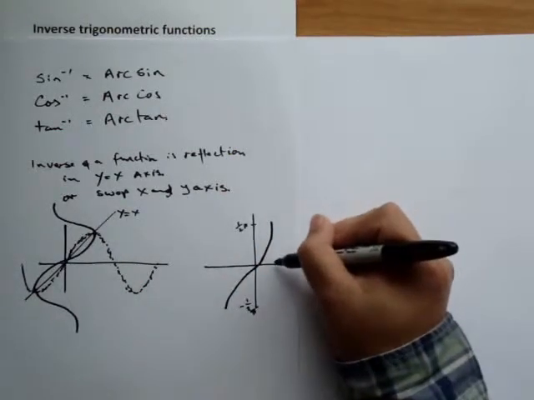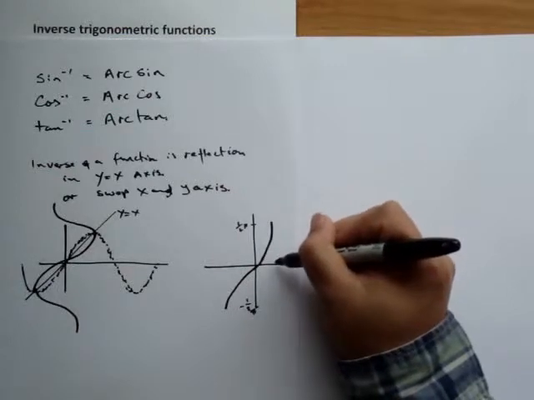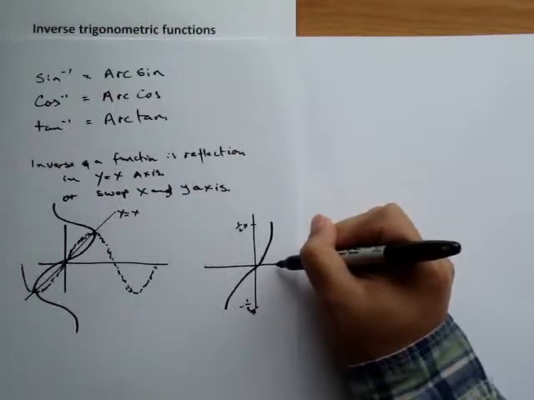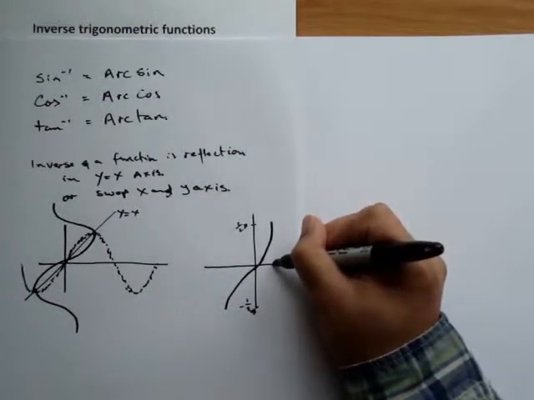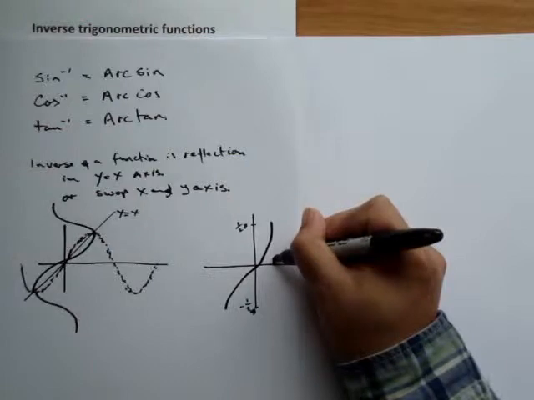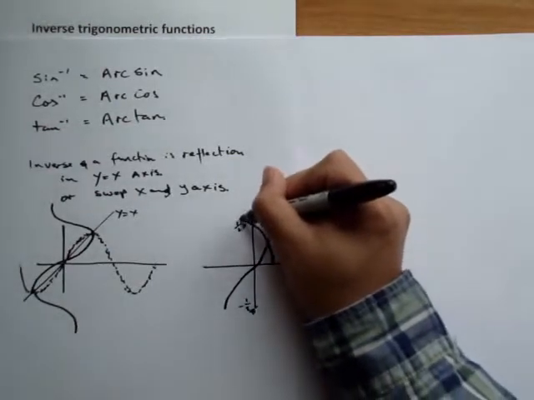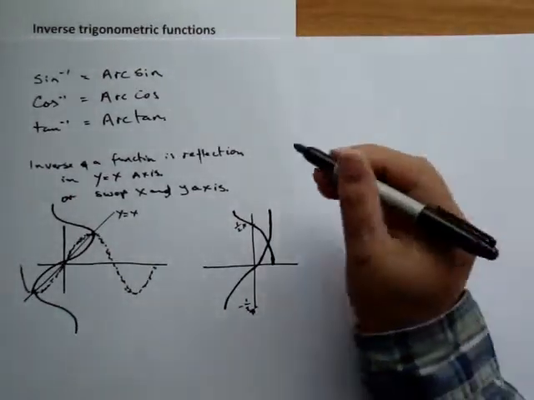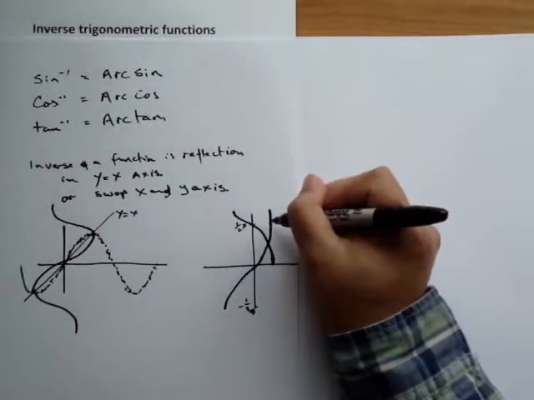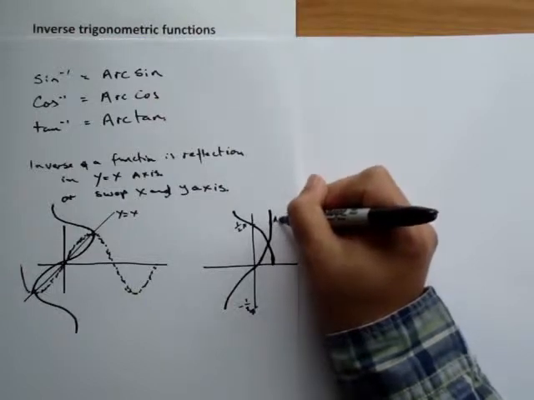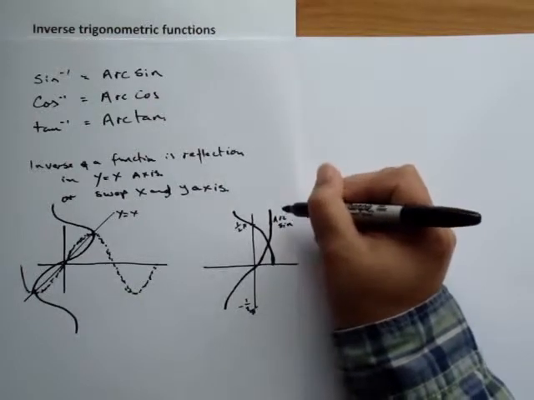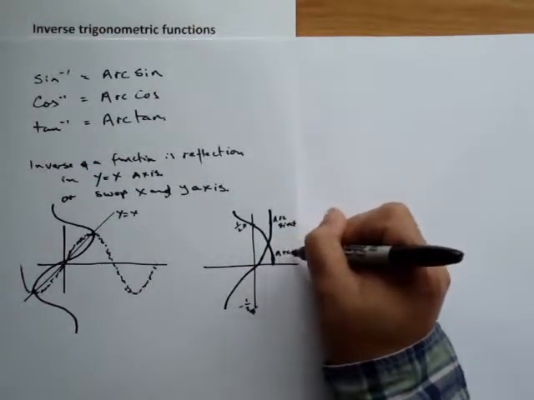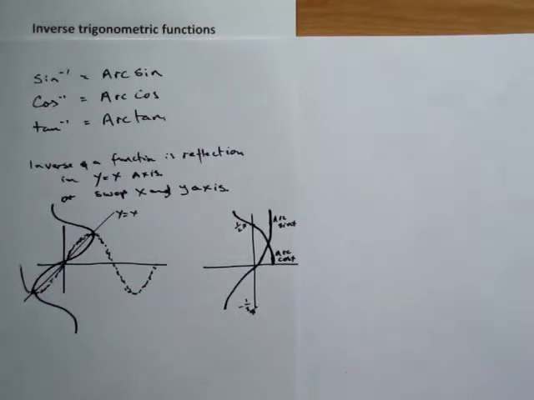And our arc cos would go from here and up to the minus half, like that. So this is arc sine x, and this is arc cos x.